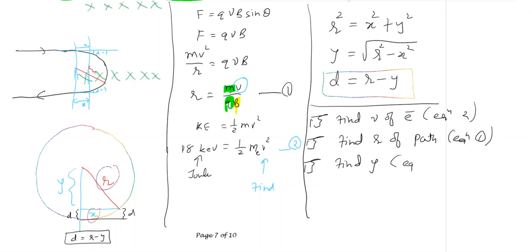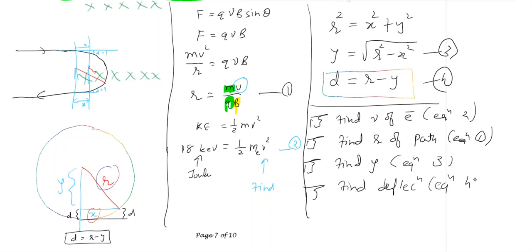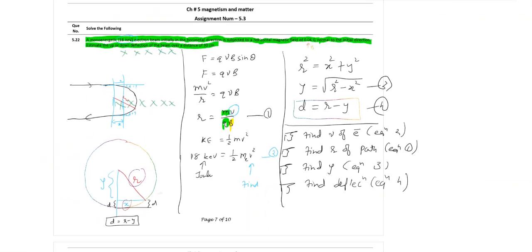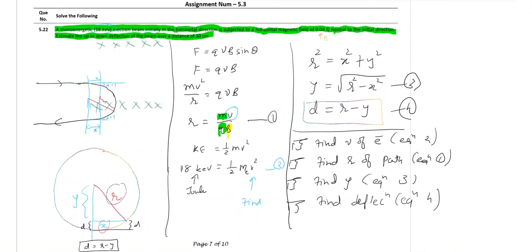How? Equation 3. And lastly, you will get the deflection. How will you find the deflection? Use equation 4. Be careful about the units, and that is all about this problem.